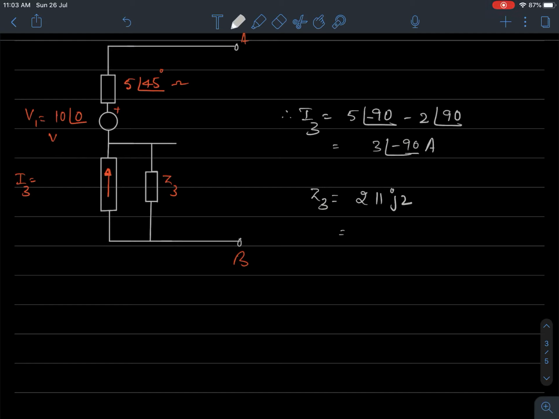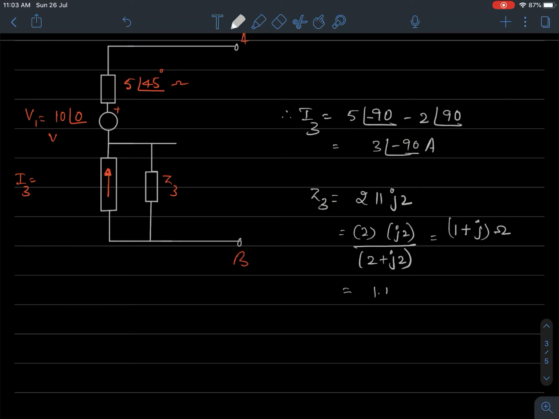If two impedances are connected in parallel, their equivalent is the product of the two divided by the sum of the two. That is 2 ohm into J2 divided by 2 plus J2. It is preferable you use brackets while doing it in the calculator. Otherwise, sometimes you may end up with incorrect results. So try to use parentheses. My Z3, if I compute, I will get 1 plus J.